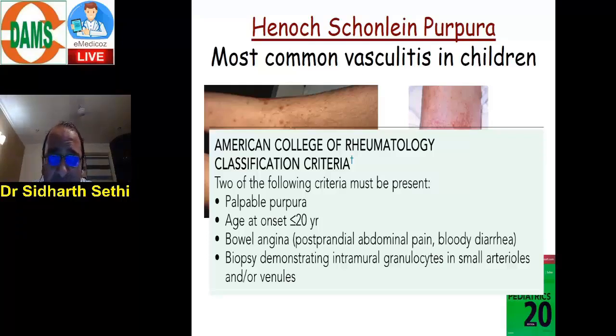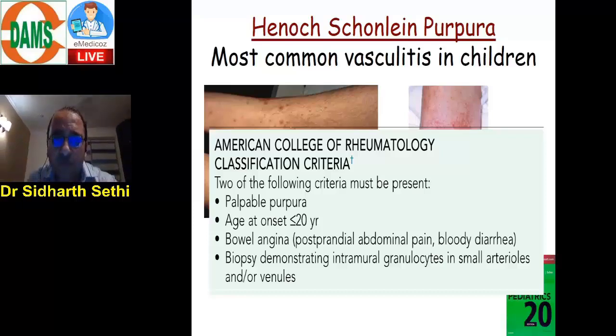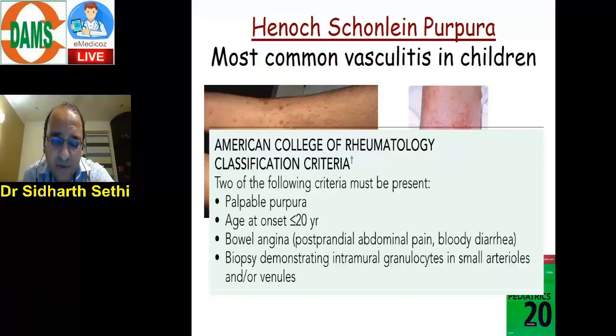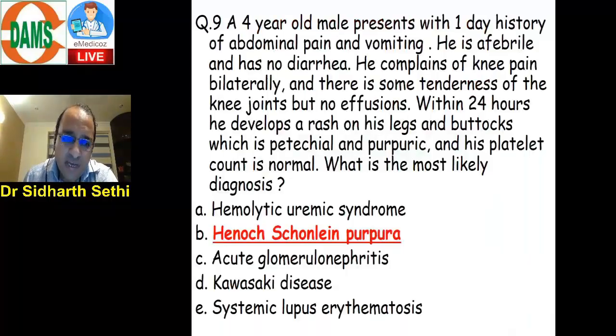Now remember, the kidney is involved in almost 50% of them, where you will see nephritis. Mostly it's microscopic hematuria or proteinuria, so in the kidney you see HSP nephritis.